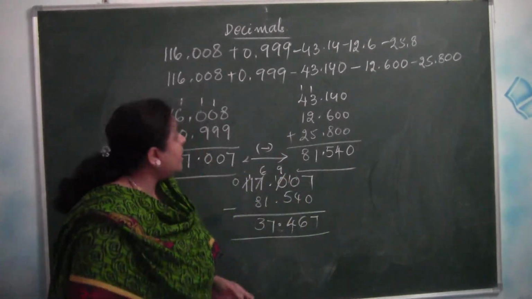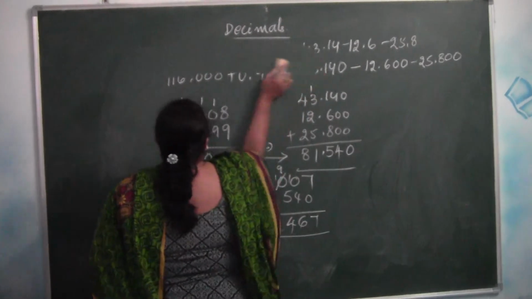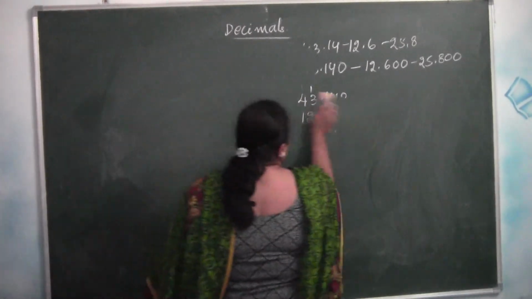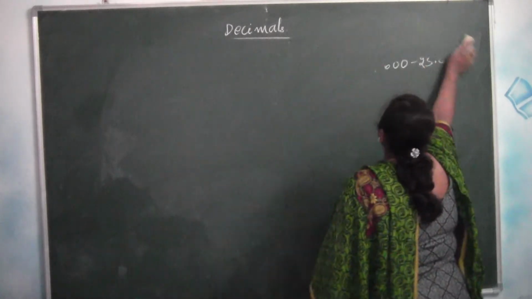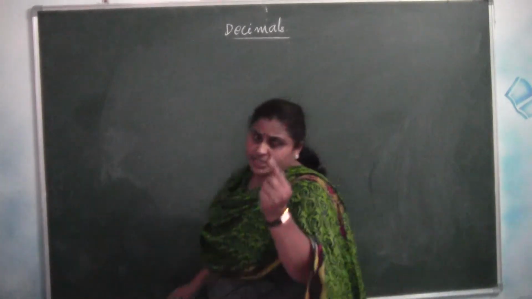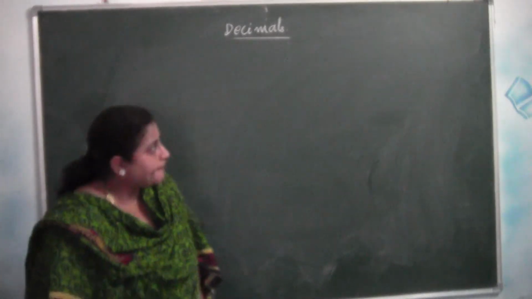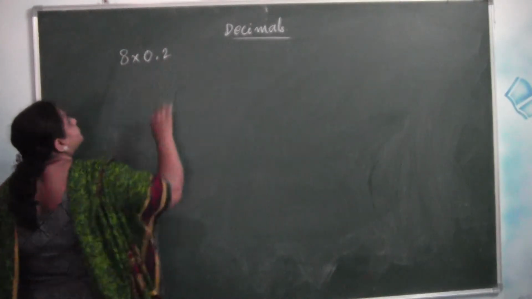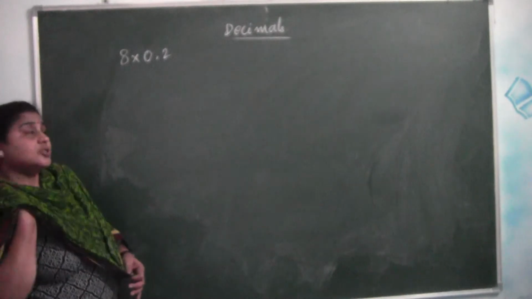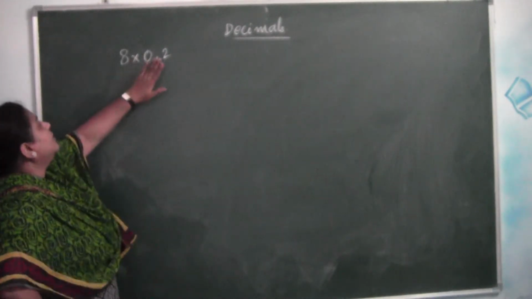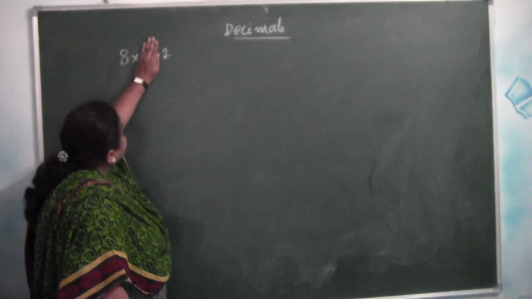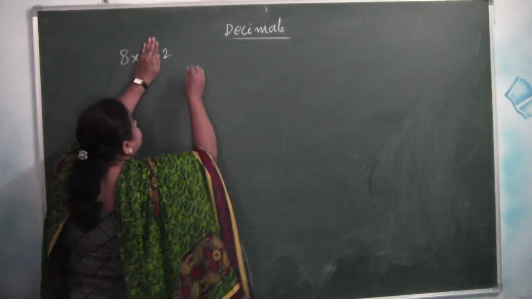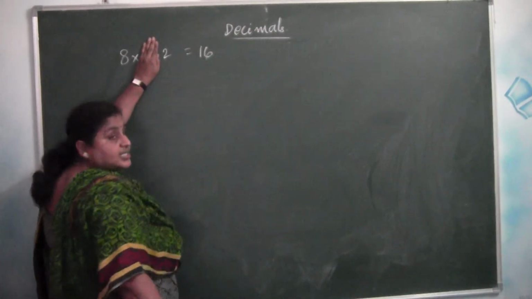Very easy, children. You know how to multiply numbers? Yes, the same procedure we are going to follow here also, but with a little change. Now let us see. We have 8.02. Just see, children. If I remove this 0 and decimal, what do I have? 2. 8 2s are 16.